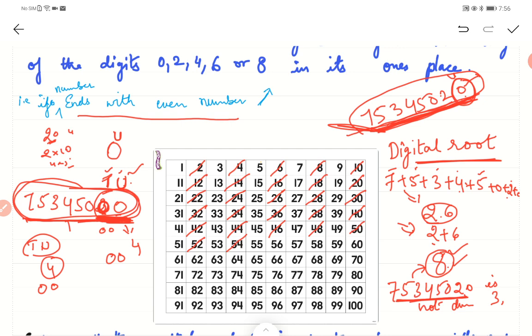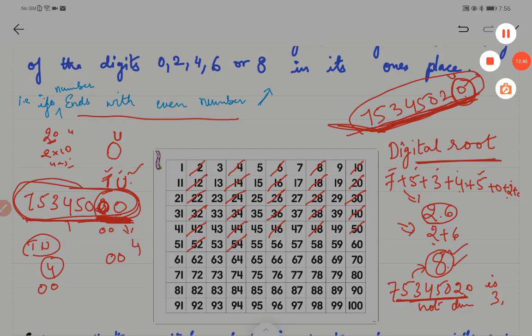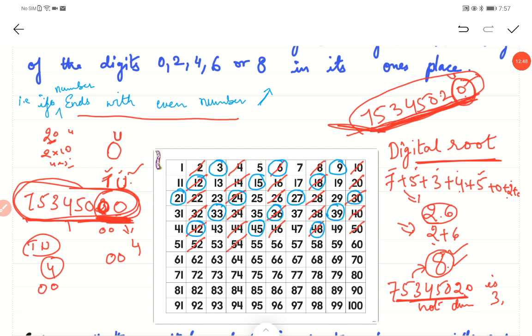Now let me circle the numbers which are in the 3 table, multiples of 3. So I'm circling the multiples of 3. So this will be 48, 51, 54, then 57 comes under the 3 table, and so on.